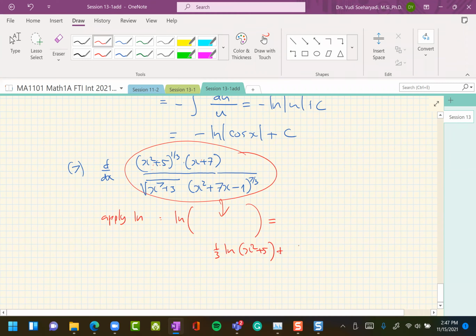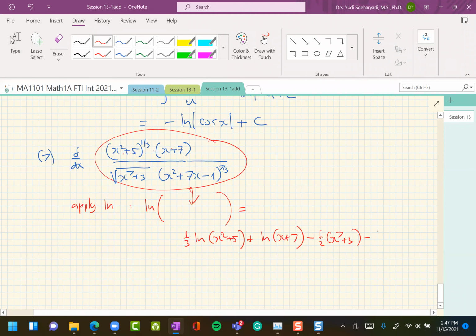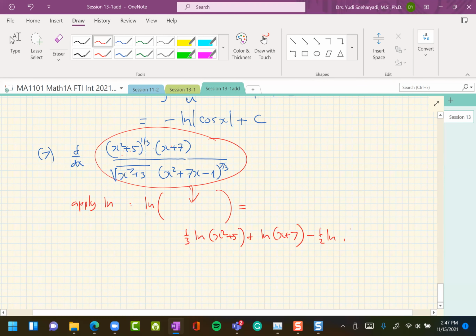Okay, and add ln of x plus 7, because in the denominator you subtract, and you have 1/2 because that's a square root. Another subtraction, ln of this.